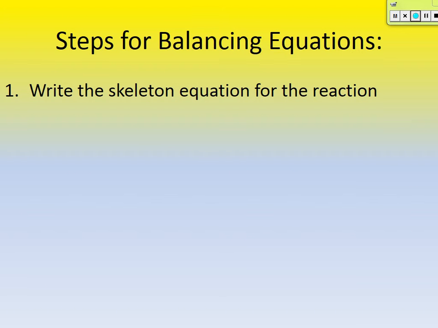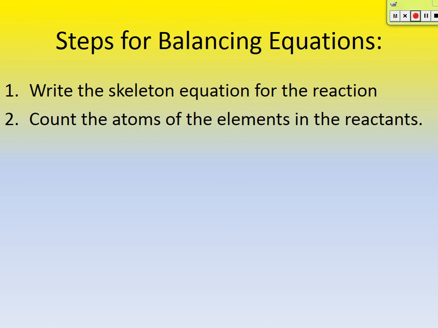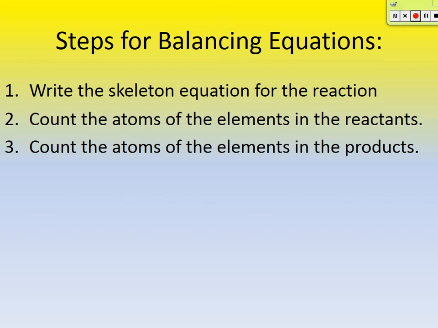Let's go through the steps that we're going to use to balance. Number 1: write the skeleton equation for the reaction. Step number 2: count the atoms of the elements on the reactant side, and total them up. Number 3: count the atoms of the elements on the product side, and total them up.